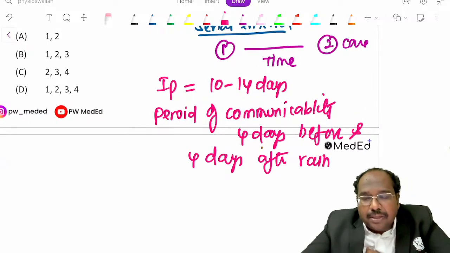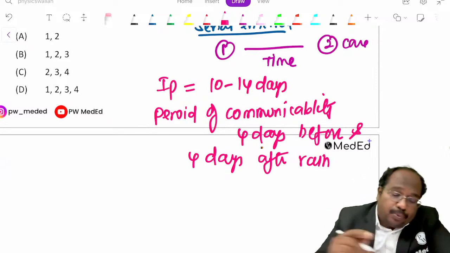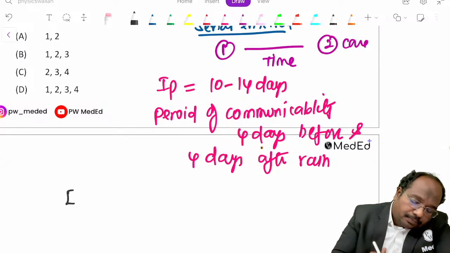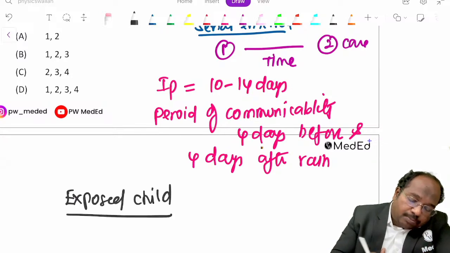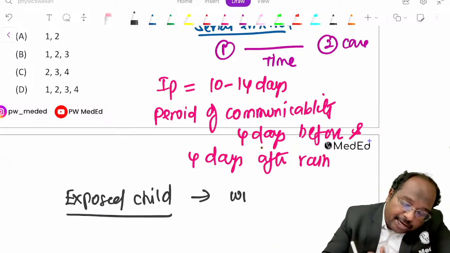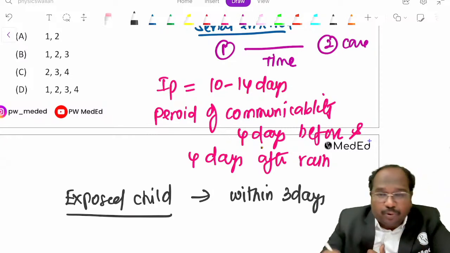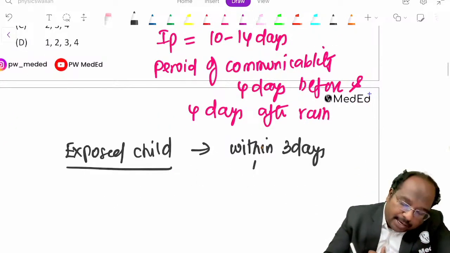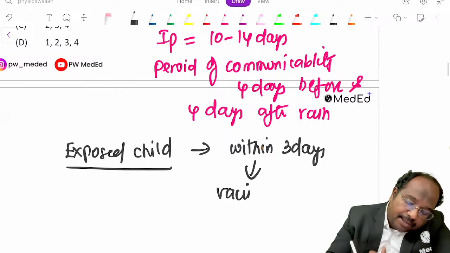One more concept we need to know. Measles. Suppose an exposed child was brought to you within how many days? Within 3 days of exposure, vaccine can be given.